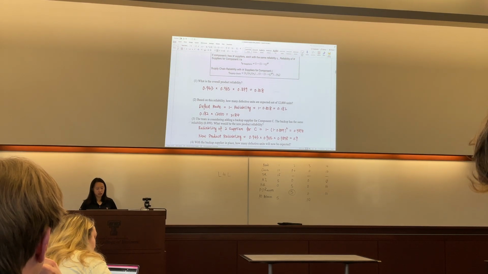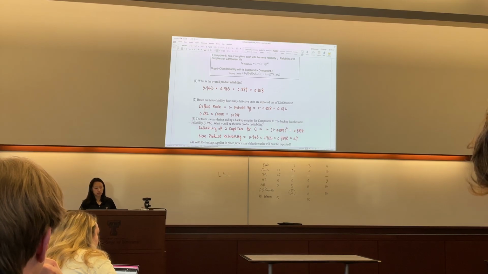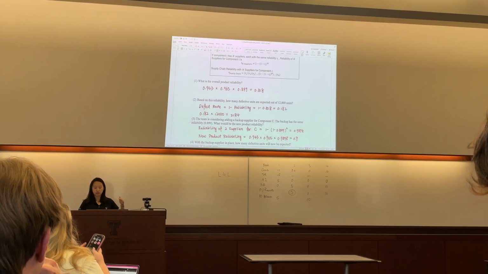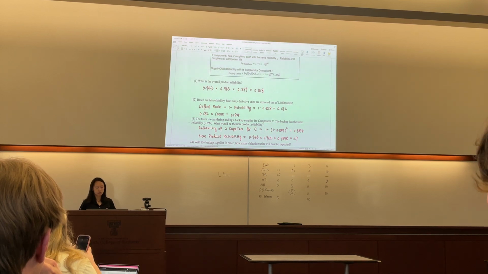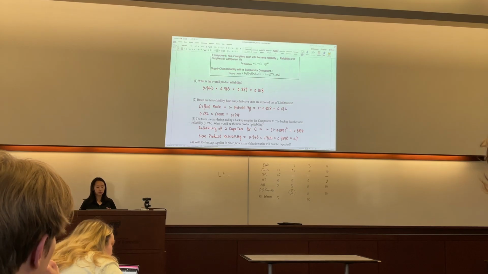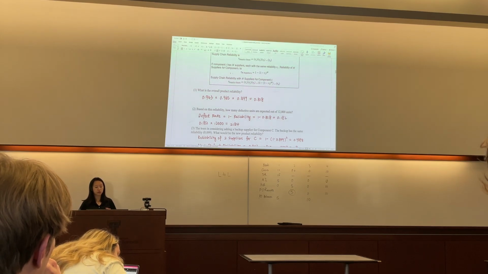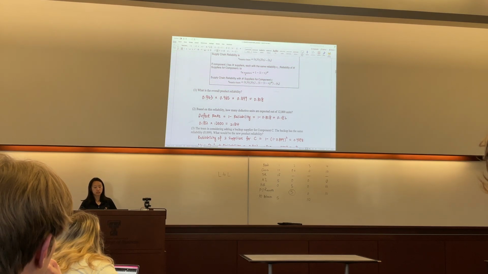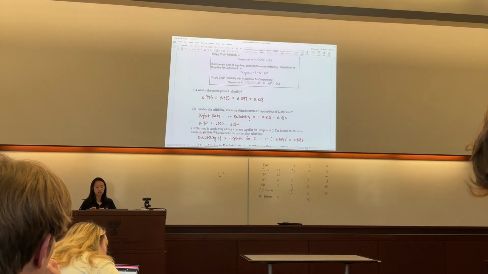And let's say the team is considering adding a backup supplier for one of these components, and the backup has the same reliability. Then what would be the new product reliability? The first step, you need to use the second formula over here to calculate the reliability of the component with multiple suppliers.